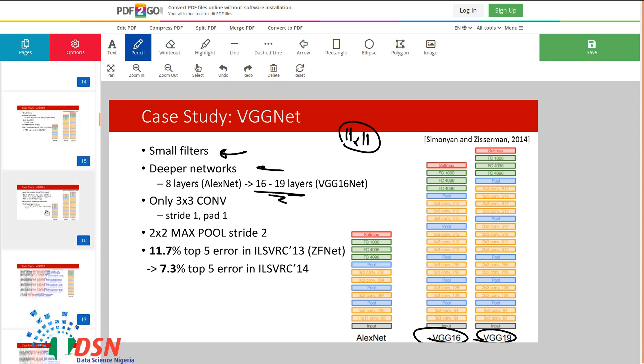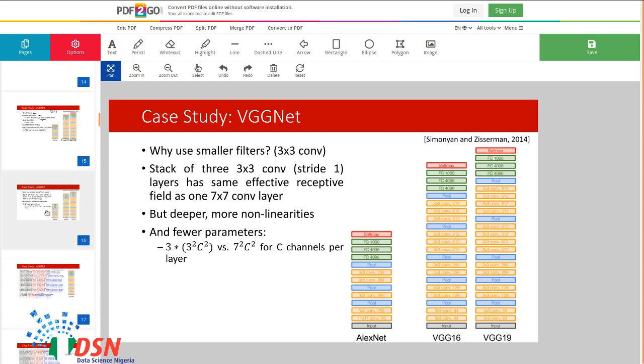Okay, let's move on to more important features. So why did they use smaller filters? So the fact is that if we use smaller filters, they have, let's say, this receptive field in the image.